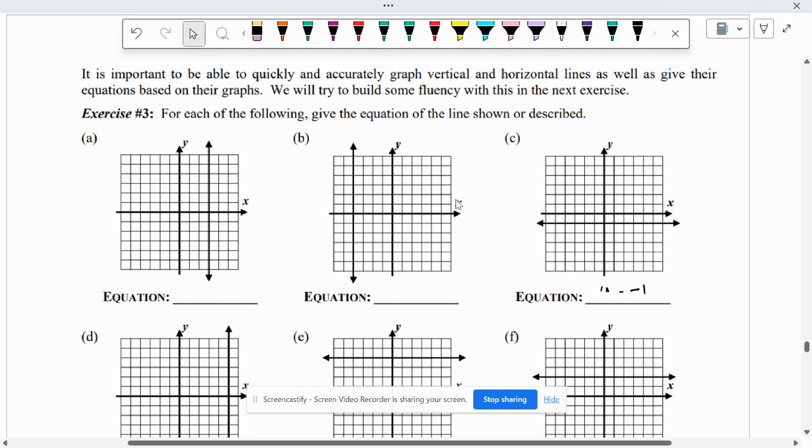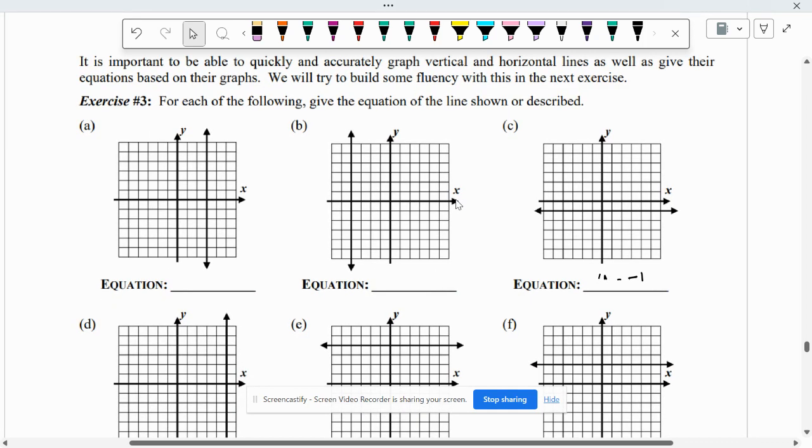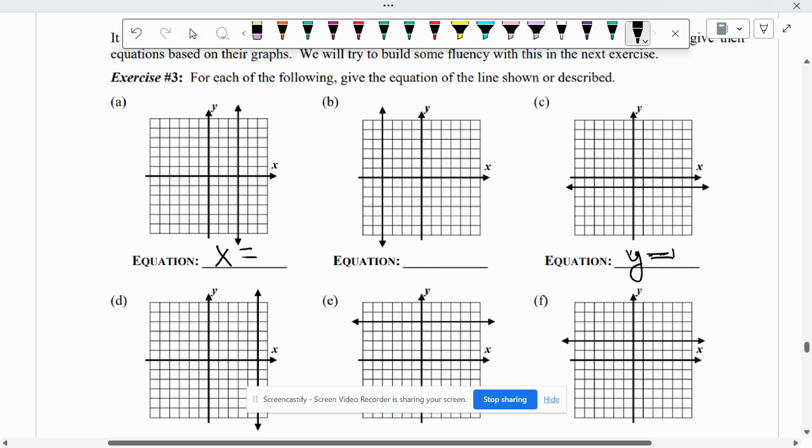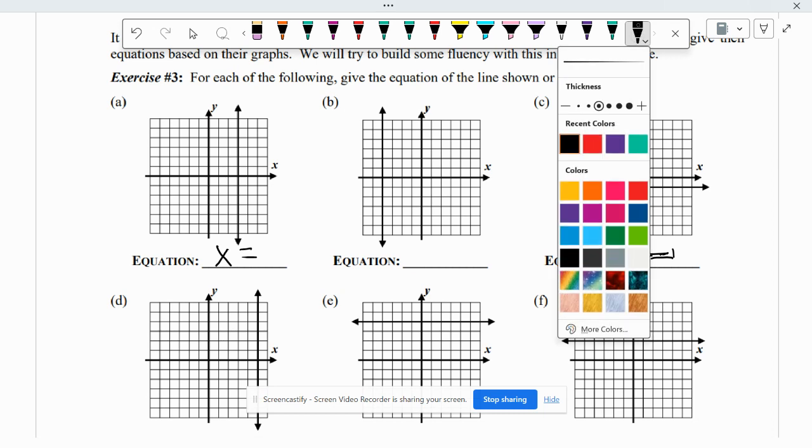Okay. So for examples A through F, we have horizontal lines and vertical lines. So if it's a vertical line, I know it's X equals a number. If it's a horizontal line, I know it's going to be Y equals a number. So tell me about example A. X equals positive 3.